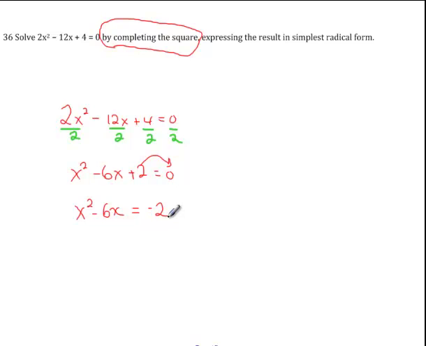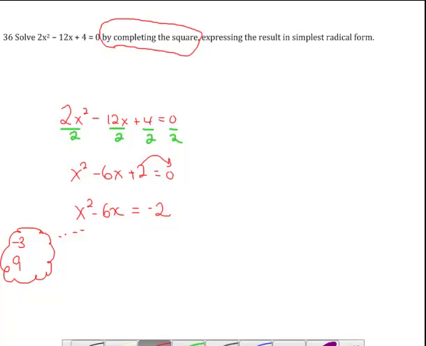Now this is where I complete the square. Remember my little thought bubble over here? I take half of negative 6 and I square it to get 9. So I'm adding 9 onto both sides, and I've created a perfect square.